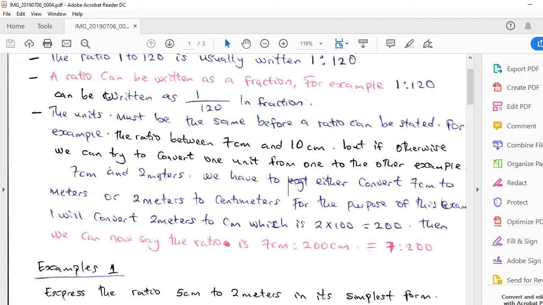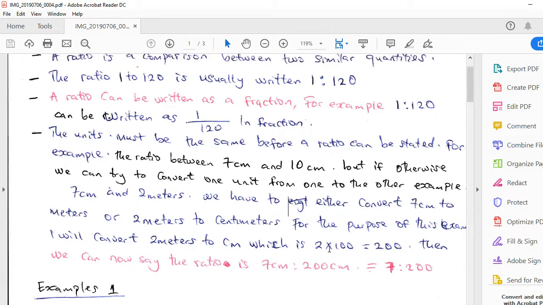We have to either convert 7 centimeters to meters or 2 meters to centimeters. For this example, I will be converting 2 meters to centimeters, which is 2 times 100, which is 200. Then we can say that the ratio of 7 centimeters to 200 centimeters is 7 ratio 200.